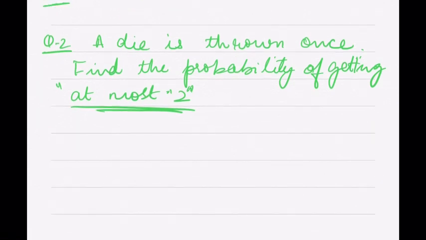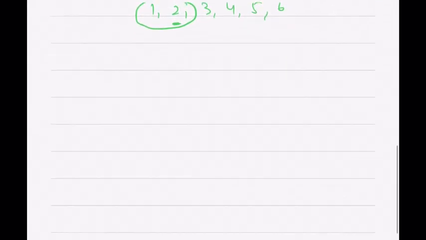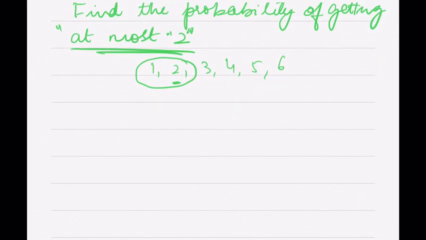So this we have to see that at most means, okay, let's see, if we throw a die once, then what are the outcomes? 1, 2, 3, 4, 5 and 6. So at most 2 means it can include 1 also, correct? We know the formula, but it is a 1 mark question, so no need to write down the formula.